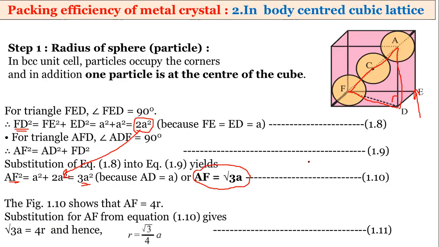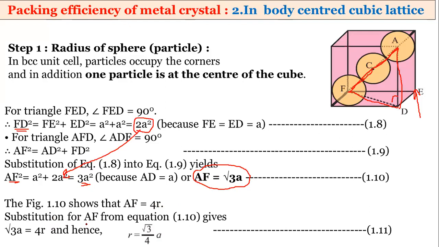In figure 1.10, this figure number 1.10 shows that AF is equal to 4R. See this AF: 1, 2, 3, 4. So this is 1R, this is 2R, this is 3R, and this is 4R. So AF is equal to 4R. You know this value of AF.